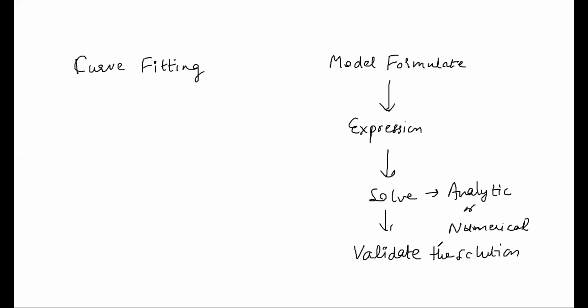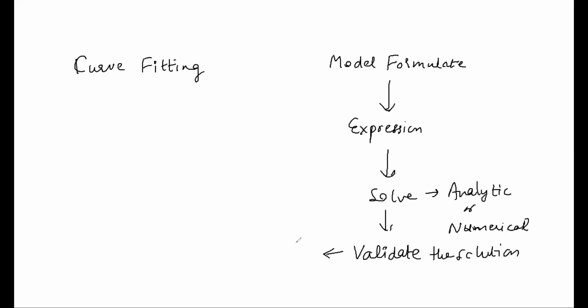Okay, so normally this is the process which mathematical modelers follow. We formulate the model, we solve the model, and then we validate the solution. We'll study this validation process in theory also, but I'm just giving you some idea.